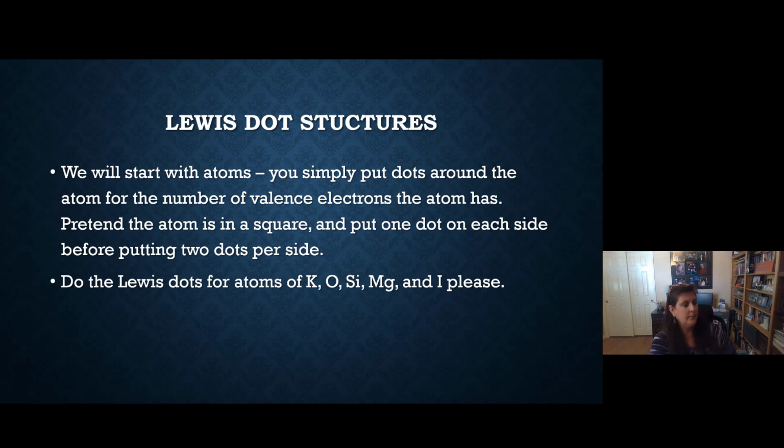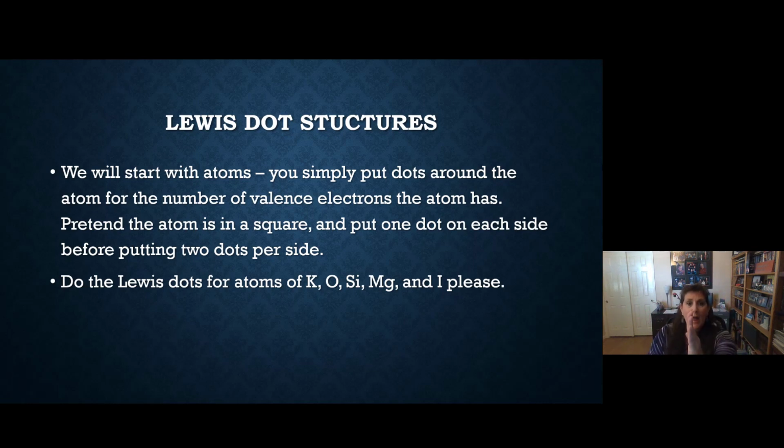Mg. Mg's in column 2. So 2 dots, 1 on each side. You can have top and right, top and bottom, left and right, just so you have 2 dots on different sides. Finally, iodine. Iodine is in column 7. So how many valence electrons? 7.